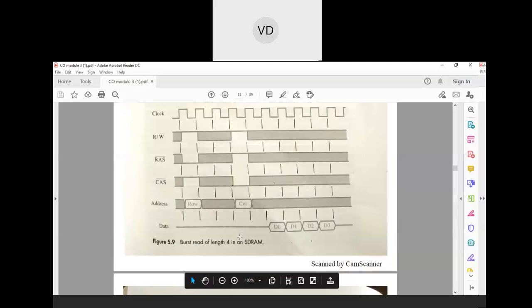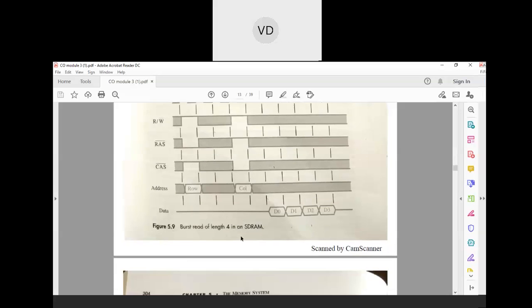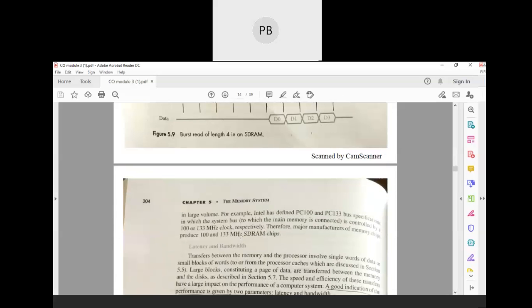Have you understood this one? Have you understood? Please reply. Drop a message in the chat box. Yes, reply. Have you understood or not?